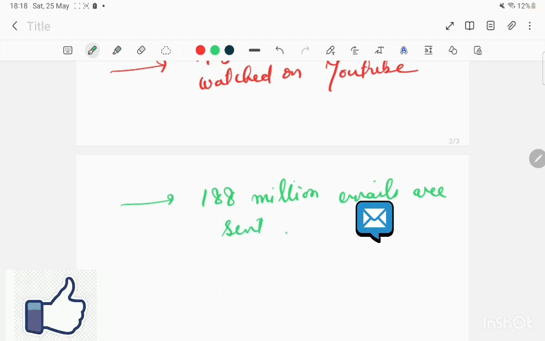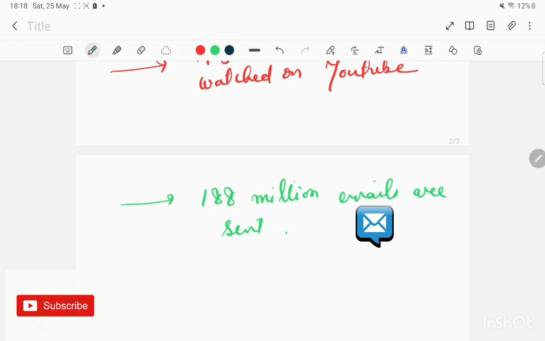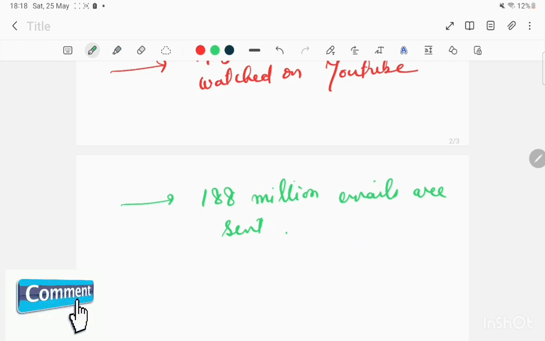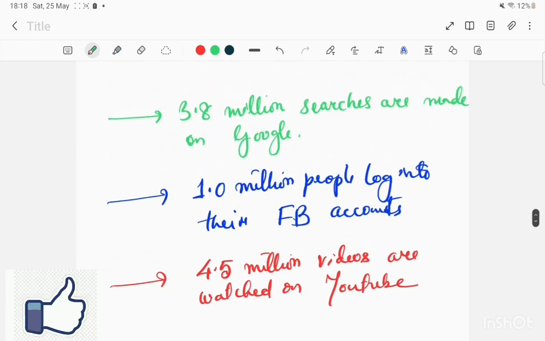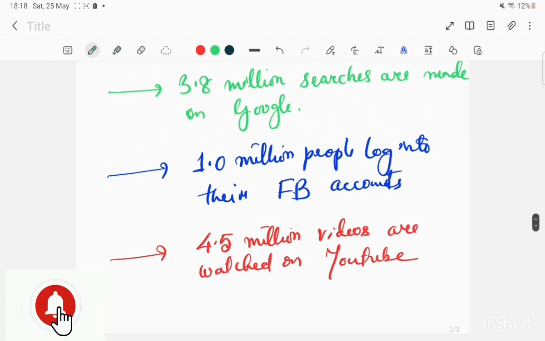All this data I'm talking about is in a time range of 1 minute. So this is again huge data. If you go back, 3.8 million searches are done every minute on Google. 1 million people log into Facebook accounts every minute.